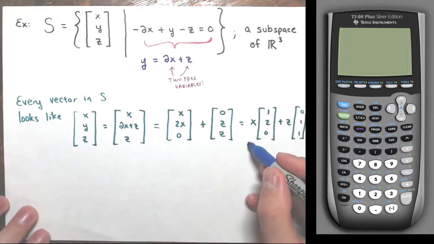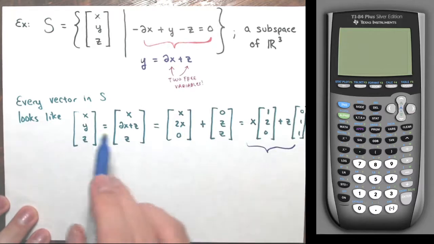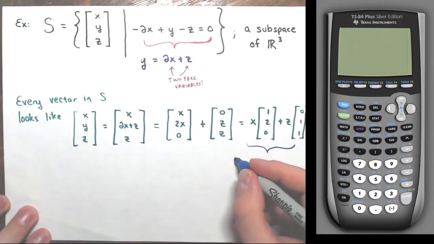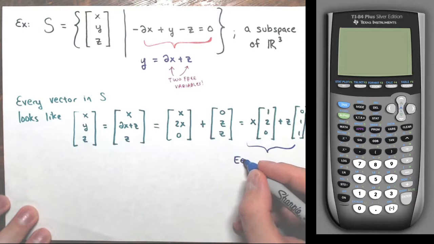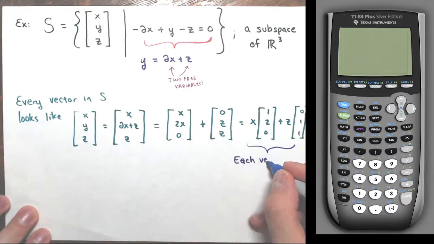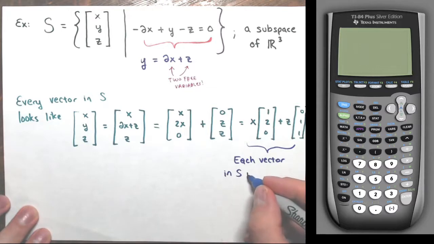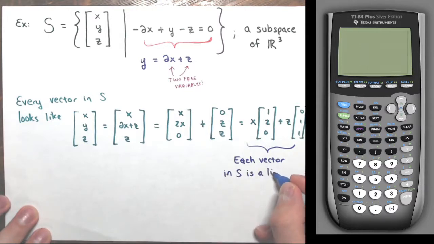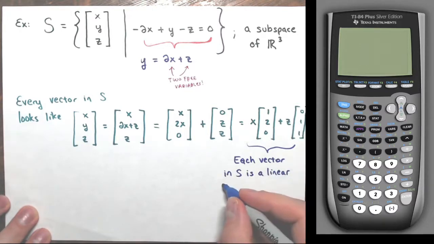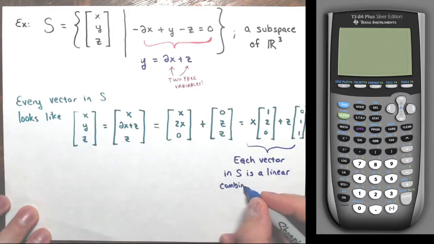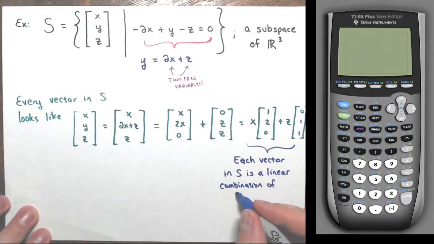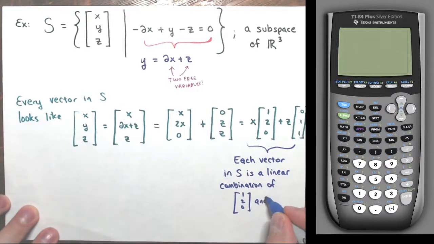So what we are seeing here is that every vector in S, each vector in S, is a linear combination of these two vectors, 1, 2, 0 and 0, 1, 1.